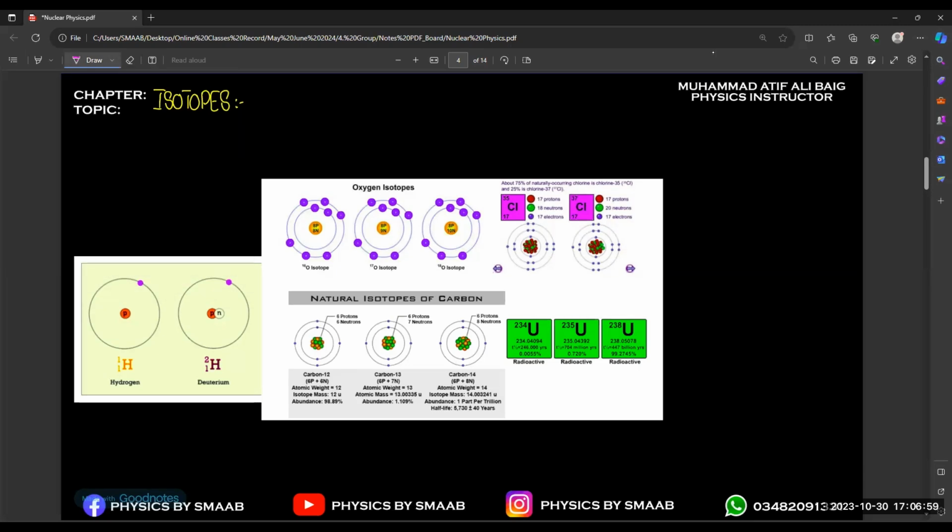basically about isotopes, we can say that they are atoms of the same element. So atoms of the same element, with the same number of protons but different number of neutrons.